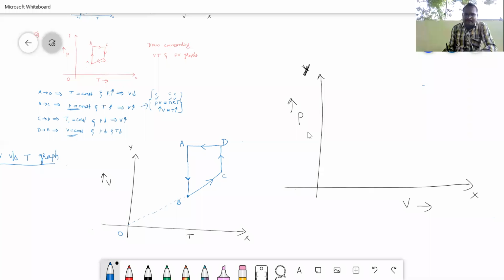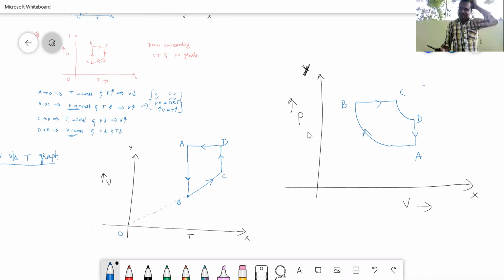Perfection I want. Rectangular hyperbola A to B, B to C pressure constant, C to D again. Okay. Now volume constant. Here is your A. This is the process. Got it, students?